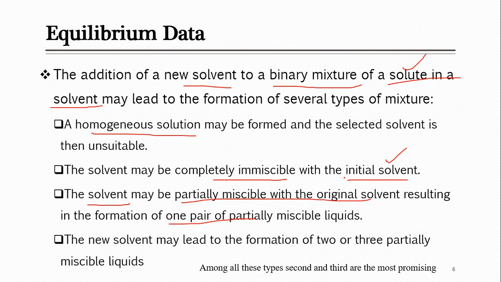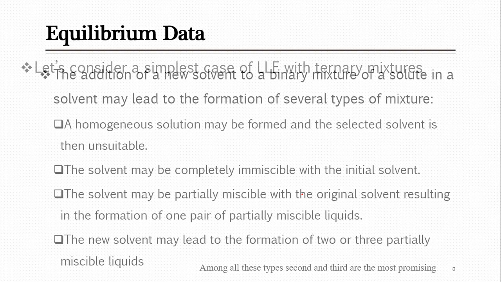This is not commonly the case, but it can occur. Sometimes solvents are completely immiscible, but in reality usually they are partially miscible. So we have to consider these two cases when we are going to design our system or look at the equilibrium data.